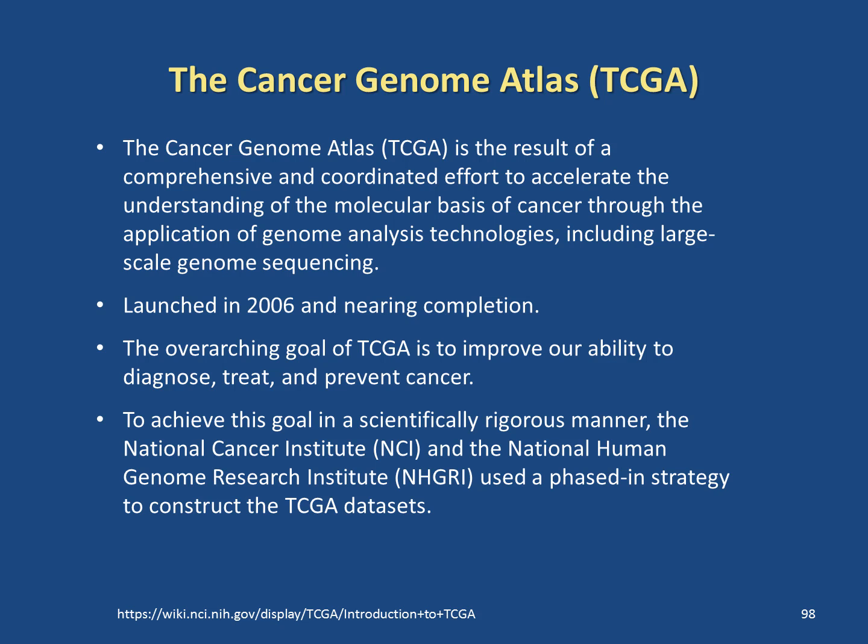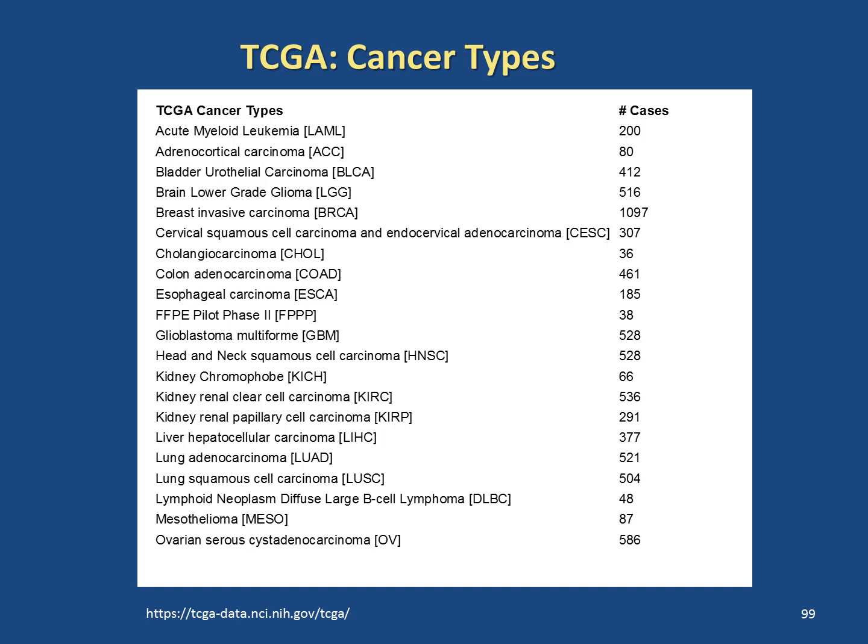It's basically completed, and the main goal is to really improve our ability to diagnose, treat, and prevent cancer by understanding cancer molecular mechanisms. So it was part of NCI and NHGRI's efforts through NIH. Here are some of the cancer types that have been collected in TCGA.